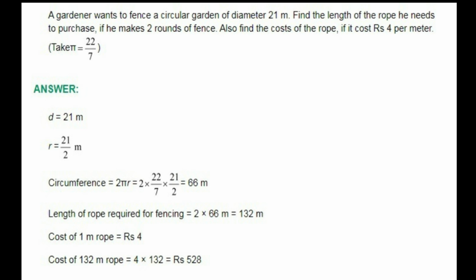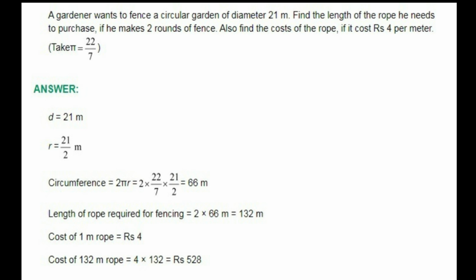So we know the circumference of the circle, and now what is the circumference? If I start from a point and come again to the same point, that is 1 round, right? They are telling you the gardener wants to make 2 rounds, so the circumference must be multiplied by 2.